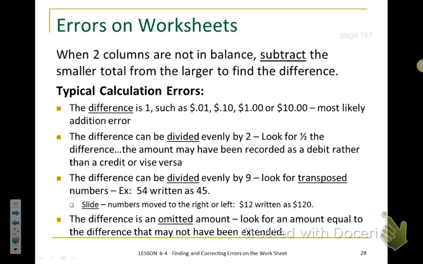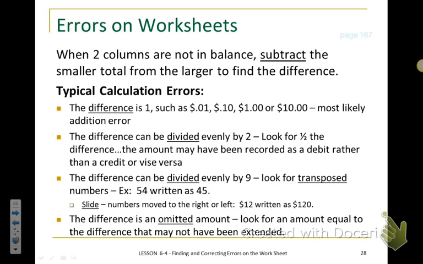If you added something that should have been in the debit column, and now you swung it over into the credit column, now your difference is going to be double, because you're now double adding it into the credit column.